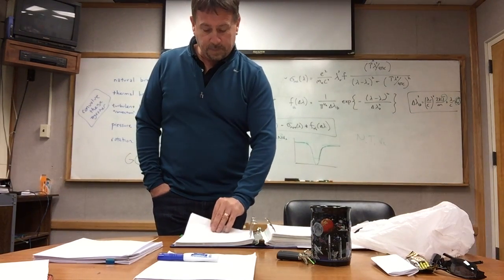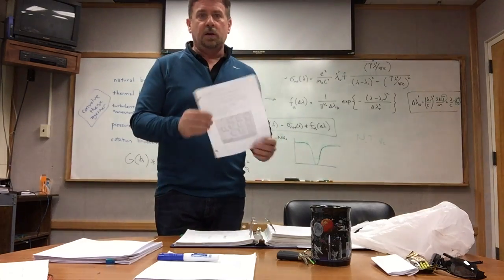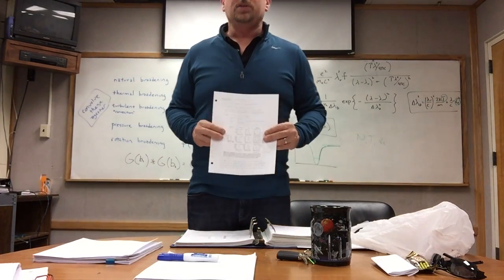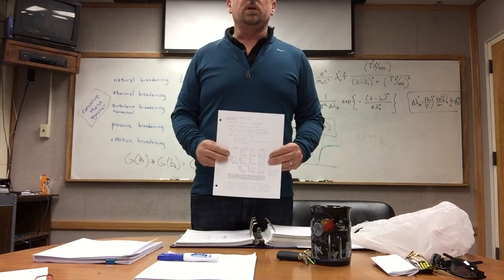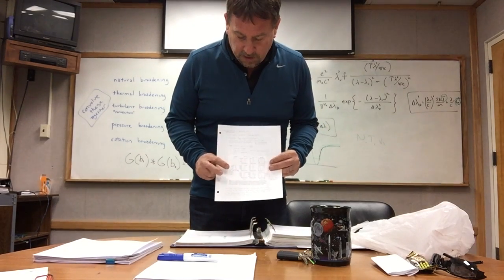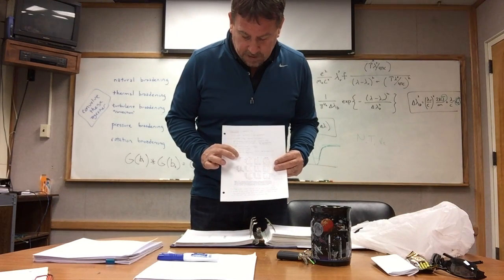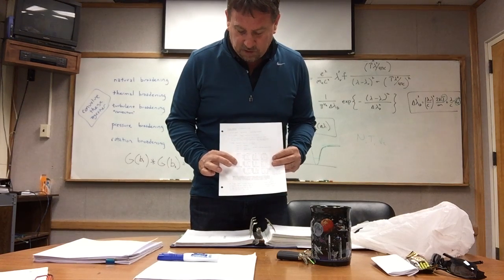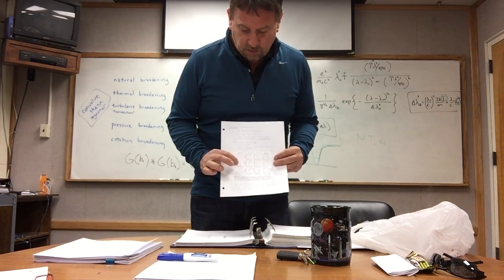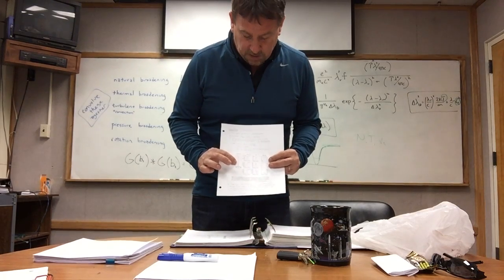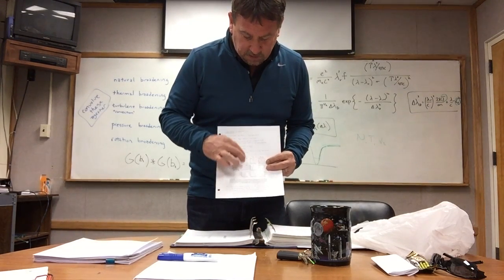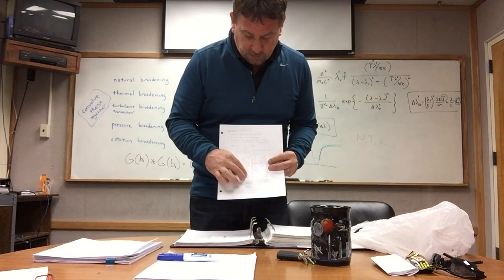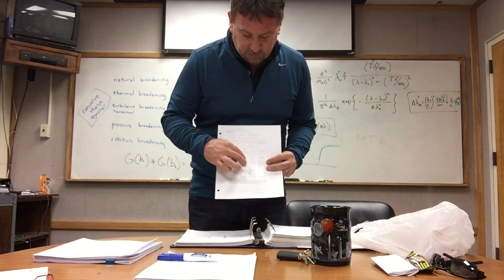All right. This page here is another attempt, failed or not, to describe how you go from a natural profile, which has a width of 10 to the minus 4 in angstroms, or this parameter x, and then the column density times the thermal redistribution function.